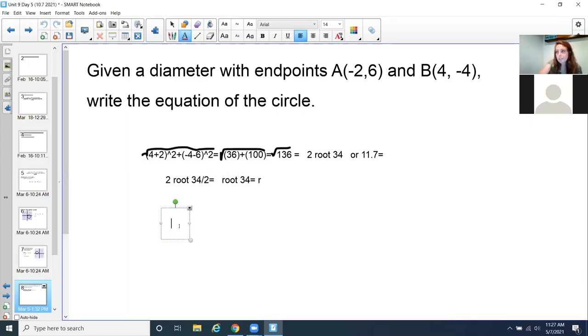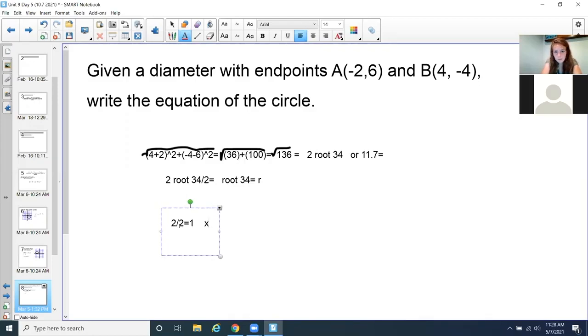Now all we have to do is find the midpoint, which it looks like a lot of you already have. Midpoint is just finding the average of the two. So 2 divided by 2, we got 1 for x.